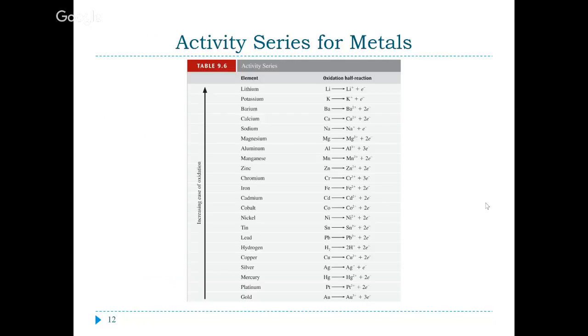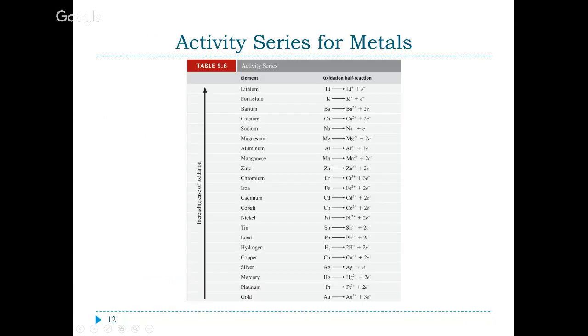Now, in order to have something oxidized, something also has to be reduced. So that means when you look at this table, and if you see one of these elements, but reverse, so Mn2+ going to Mn, that means that it can oxidize anything above it.